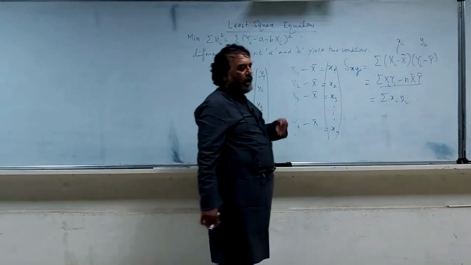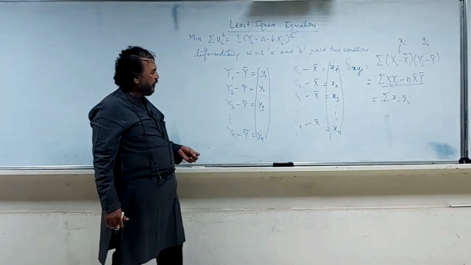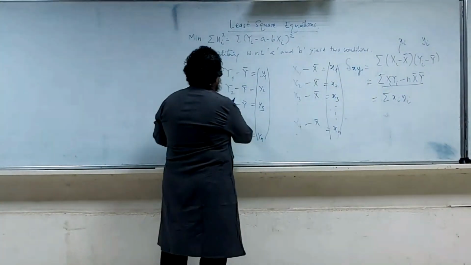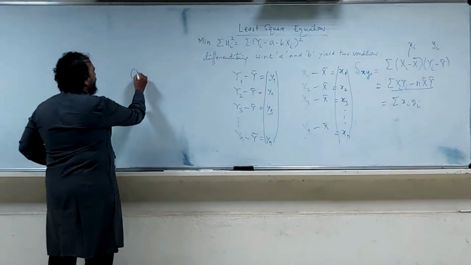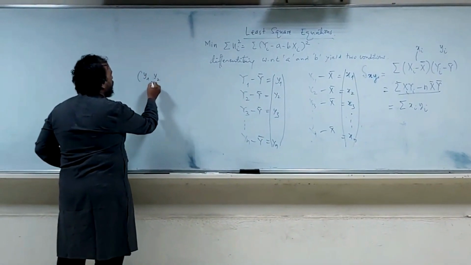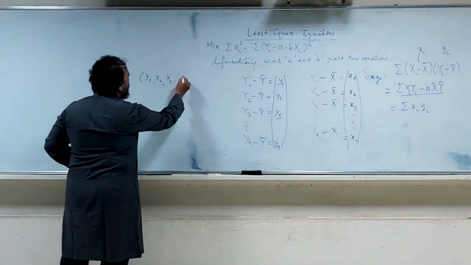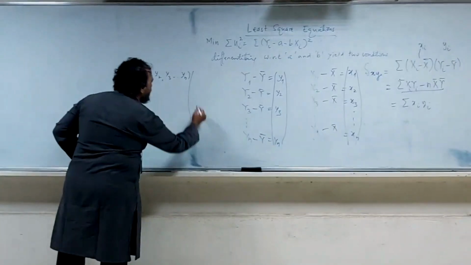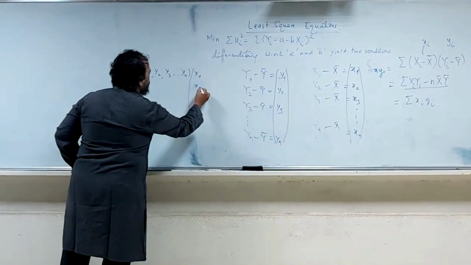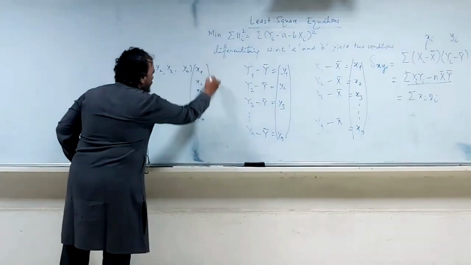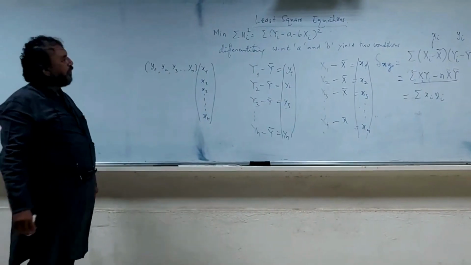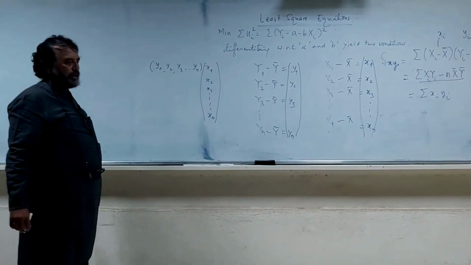Now let us also translate it to the usual multiplication that occurs between any vectors. Suppose I write it like this: y1, y2, y3, deviations of y, getting multiplied by small x1, small x2, small x3, that is, deviations of x. So we can define what is called a dot product of vectors.